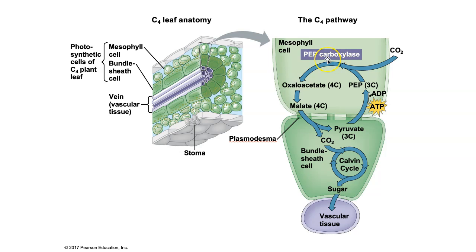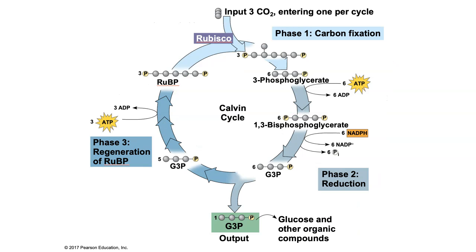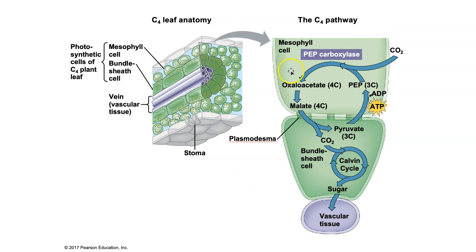PEP carboxylase has a much greater affinity for carbon dioxide than Rubisco does. So remember, Rubisco is grabbing the carbon dioxide in our regular Calvin cycle, but PEP carboxylase has a much greater affinity, so it's grabbing the carbon dioxide first, and it is fixating it onto a 3-carbon PEP, right? So we are creating a 4-carbon compound called oxaloacetate.